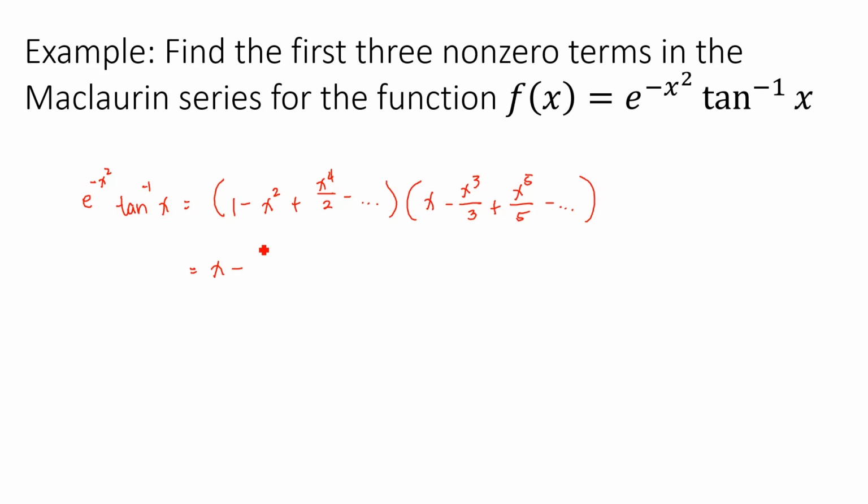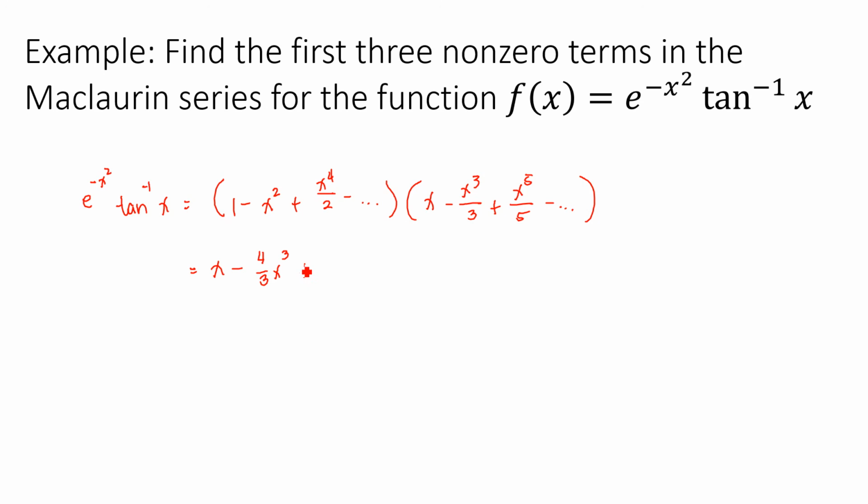So you have negative x cubed minus x cubed over 3, that is minus 4 thirds x cubed, plus you have x to the fifth over 2, the other one is x to the fifth over 3, and you have x to the fifth over 5.